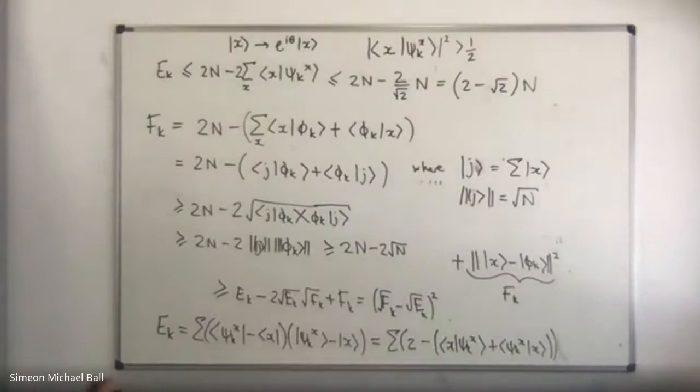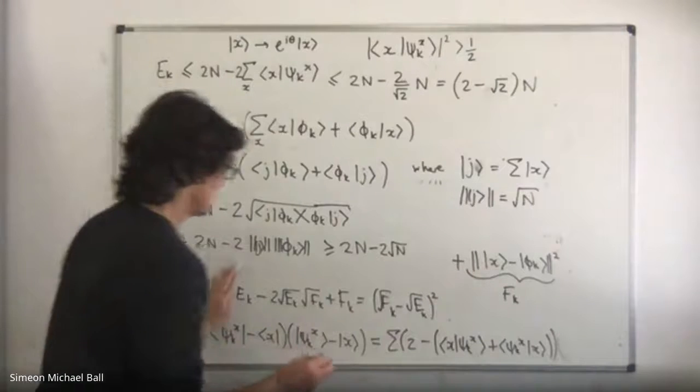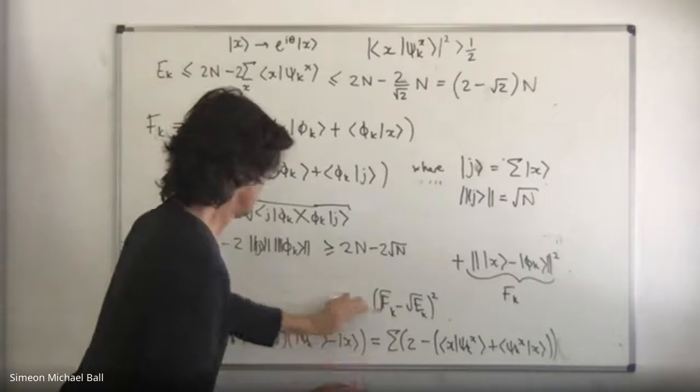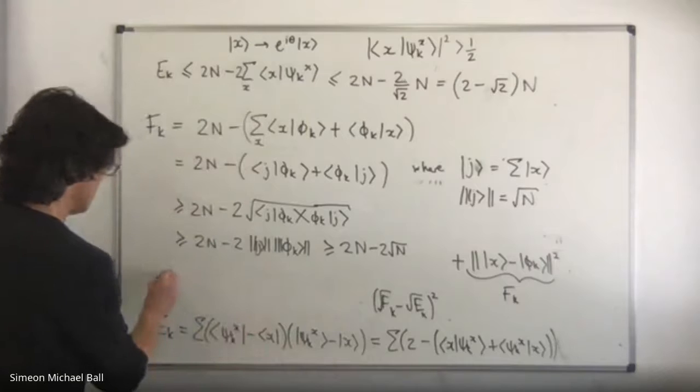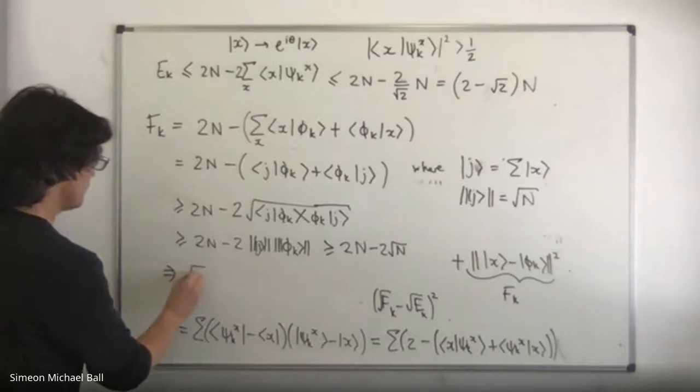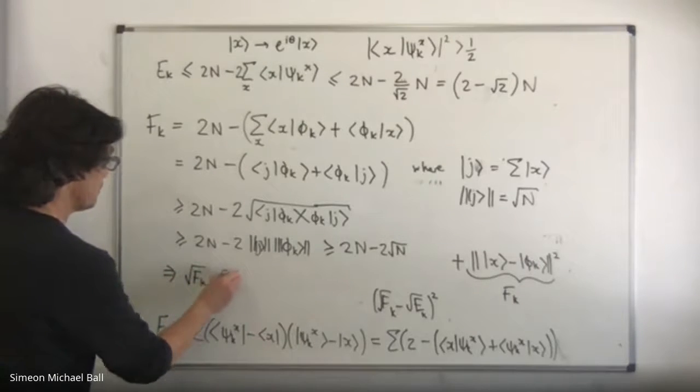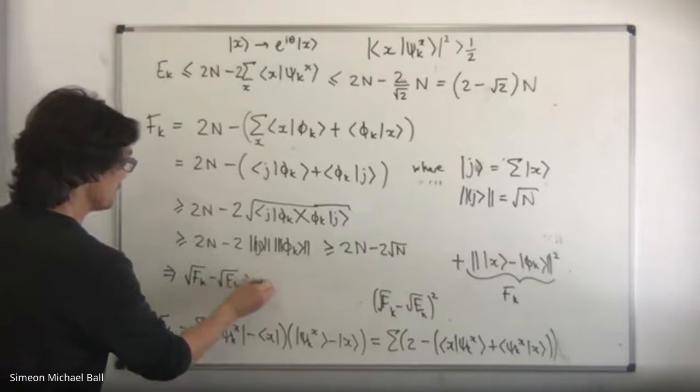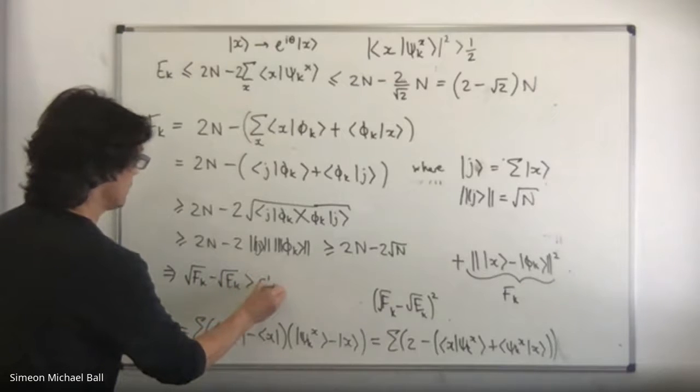And so this implies that square root of fk minus square root of ek is at least some constant times square root of n.